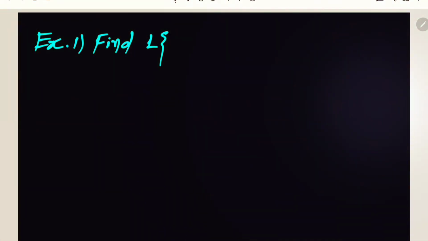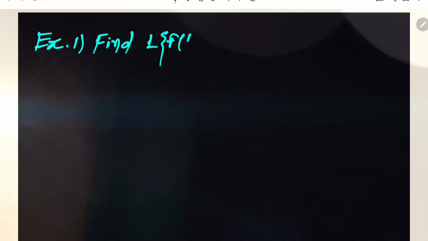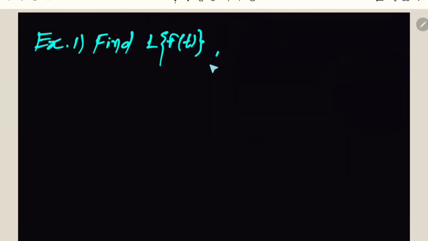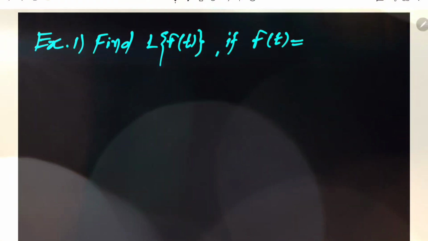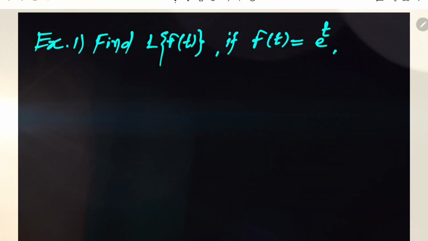Then some simple examples based on that formula. The first one, find the Laplace transform of f of t, when f of t is equal to e raised to t in the interval 0 less than t less than 2 pi.